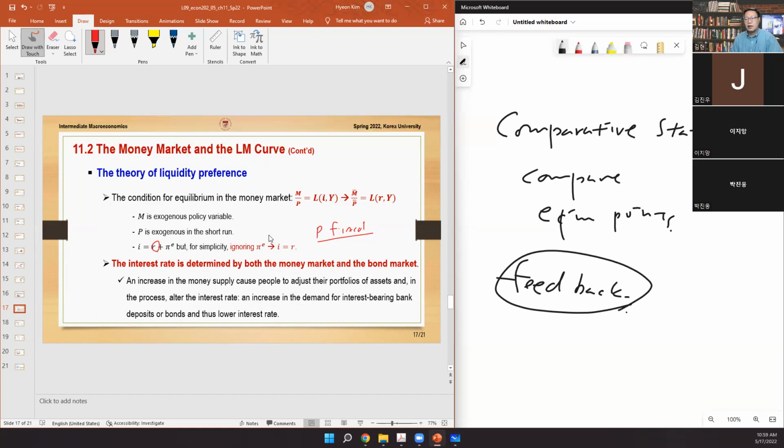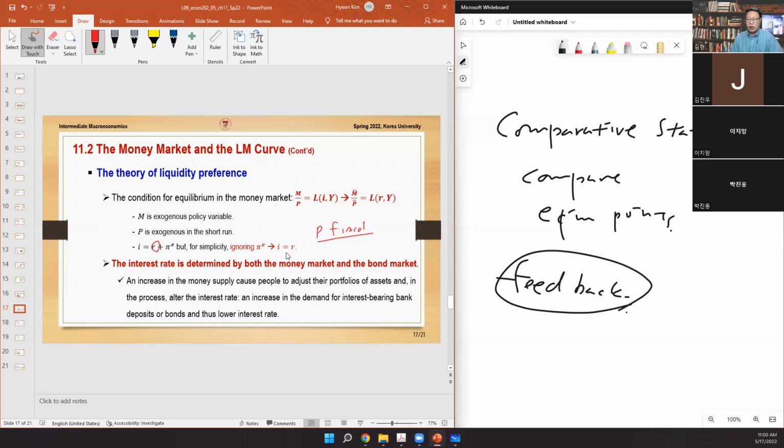But in this case, since it is the short run, and for simplicity, Professor Hicks would like to ignore this effect of expected inflation. Again, it will be relaxed in chapter 12, and then we'll have a one-to-one relationship between nominal and real interest rate. In other words, maybe we can just ignore the difference between nominal and real. So we'll employ this idea in the combination of the two different models.